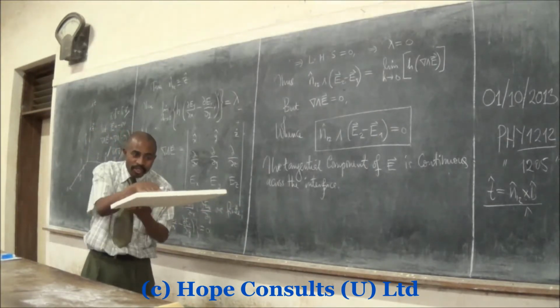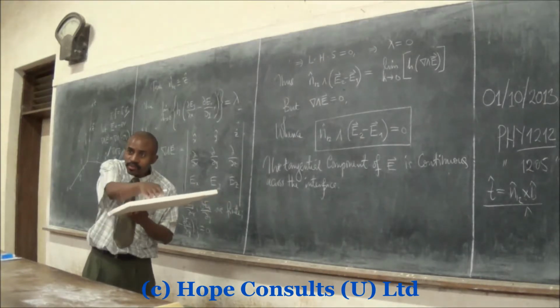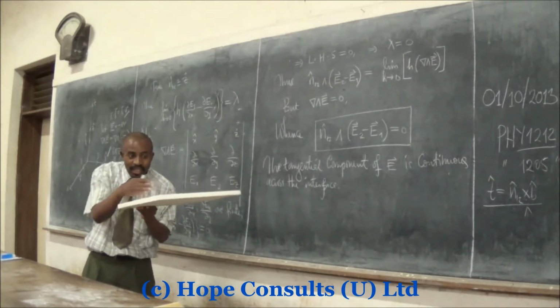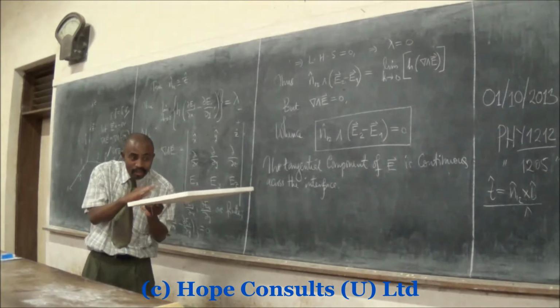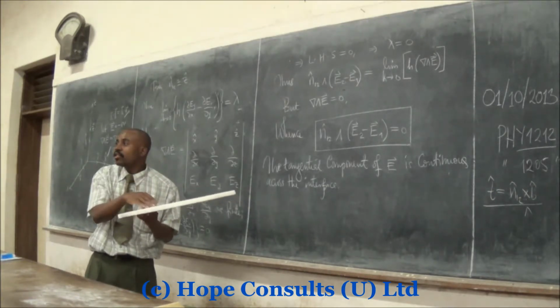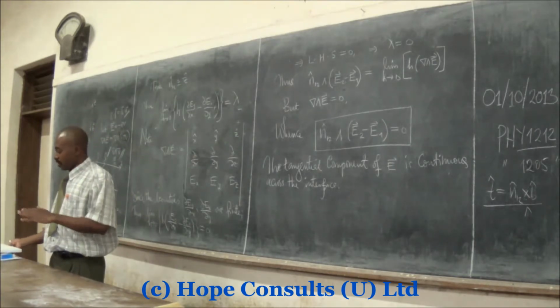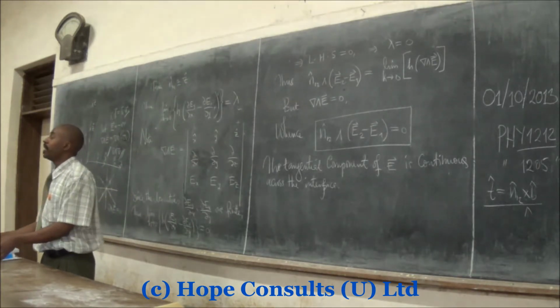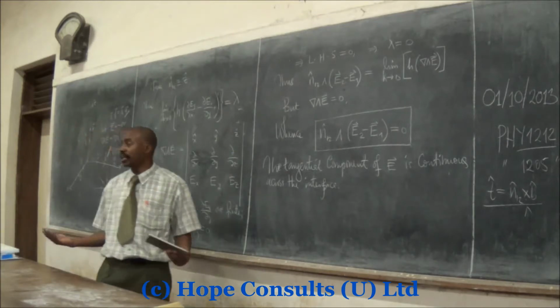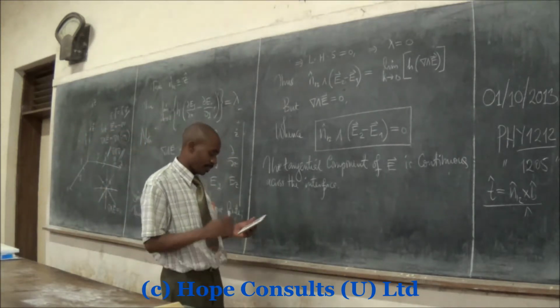So when you take the component of this electric field along the interface, what came in and what goes out on the other side, there is continuity of that electric field across this interface. You won't have anything disappearing within your dielectric materials.